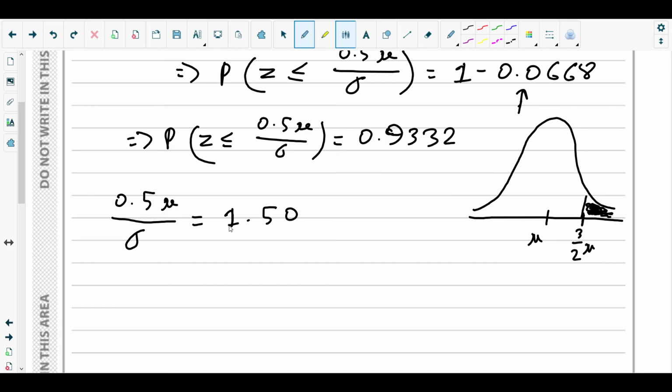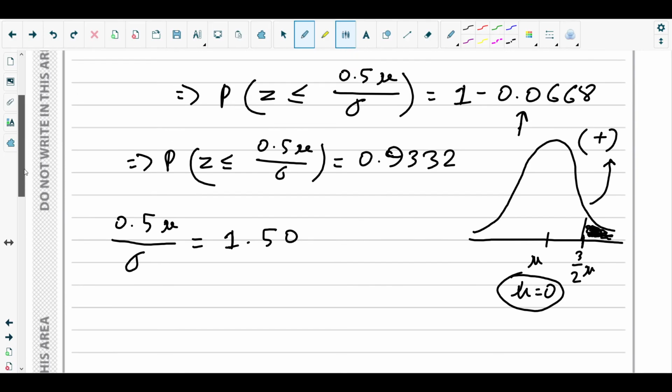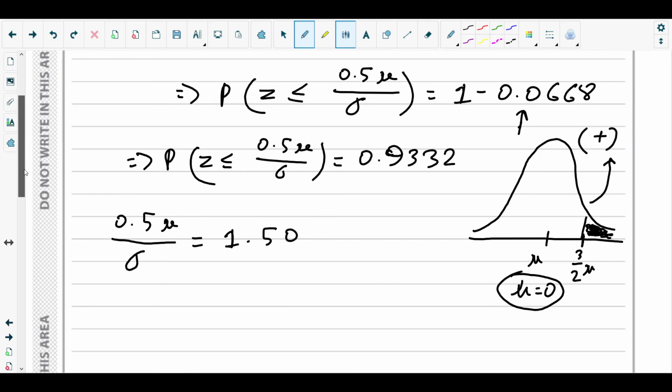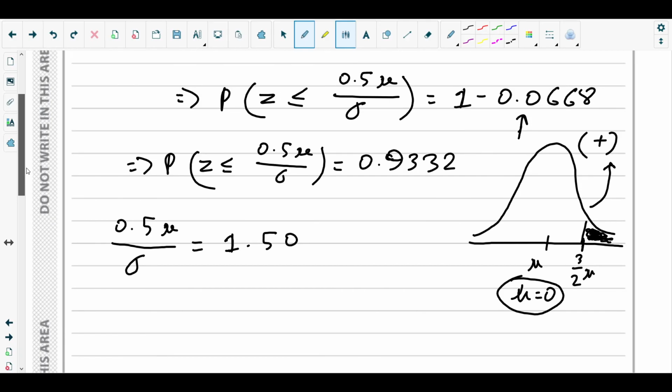And it's positive because you can see from the bell curve that it lies on the positive axis, because for standard data, mu is basically 0. When you standardize, we subtract the mu, the population mean.